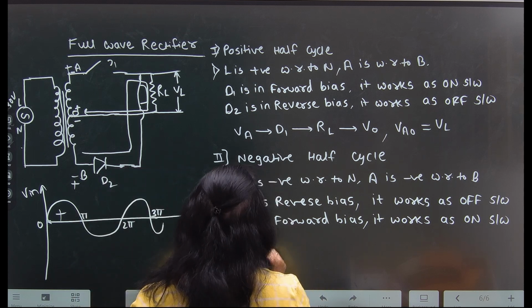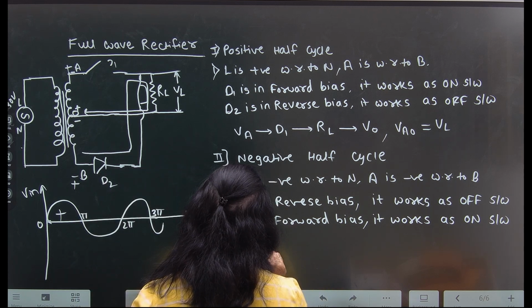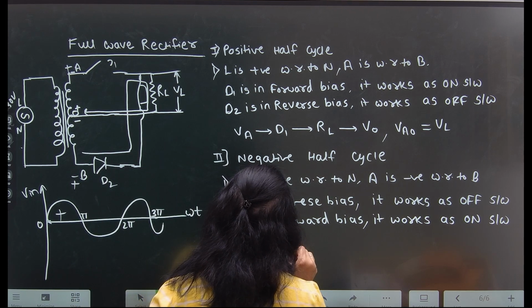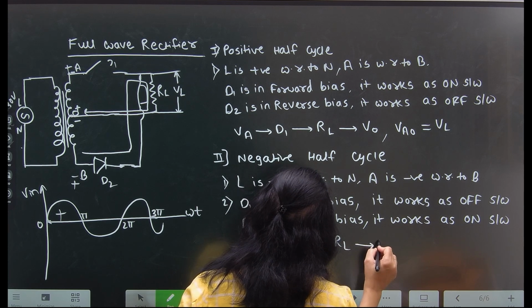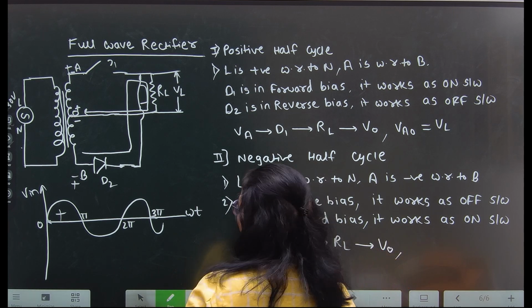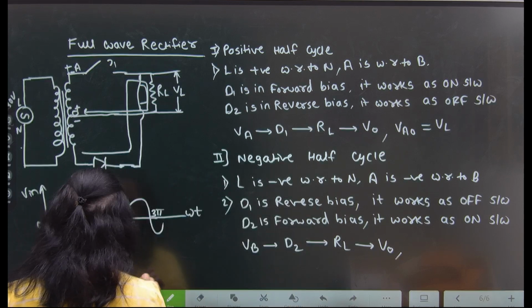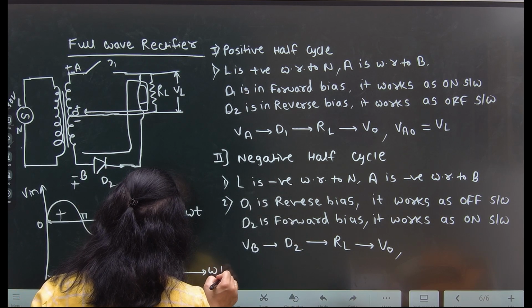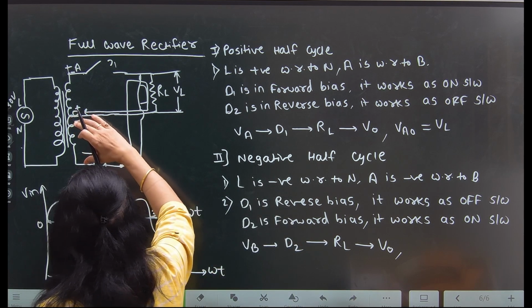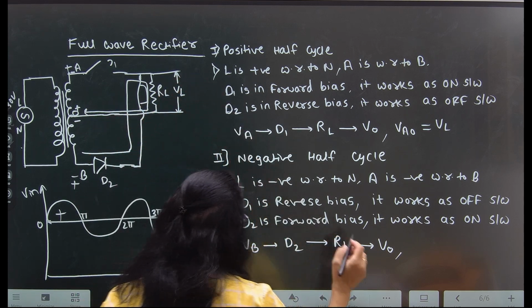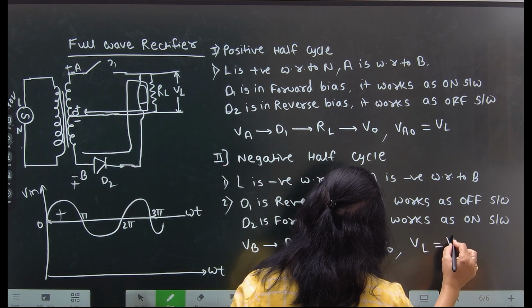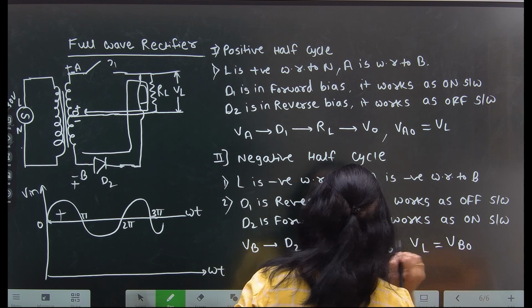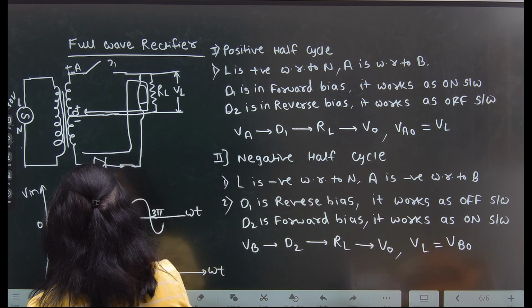So the current path will be VB, diode D2, then RL and VO. So in the negative half cycle also we will get a waveform. Whatever the voltage here, that much voltage will appear across RL. So VL is equal to VBO.